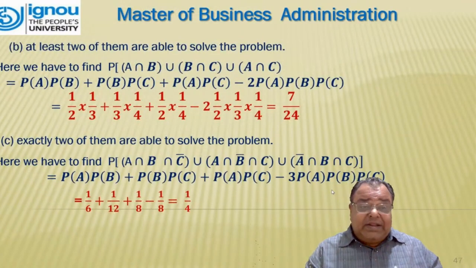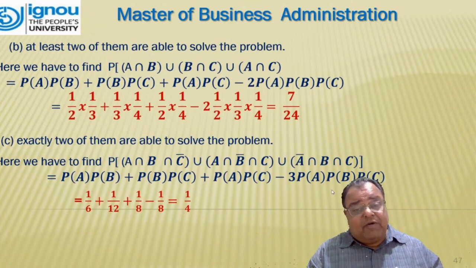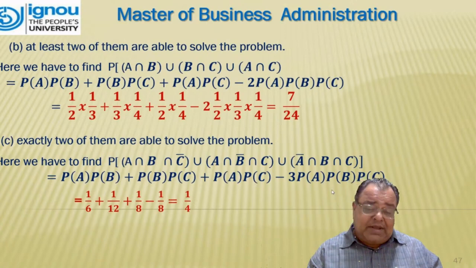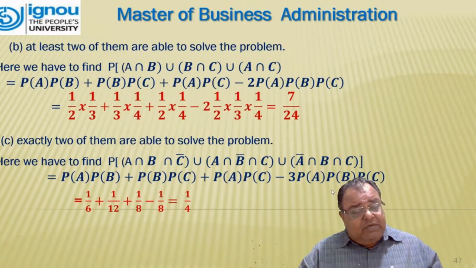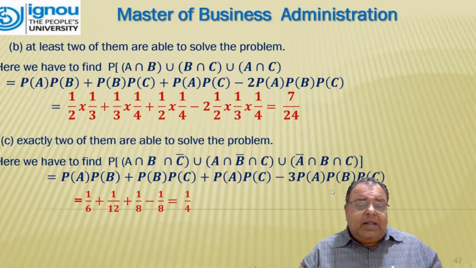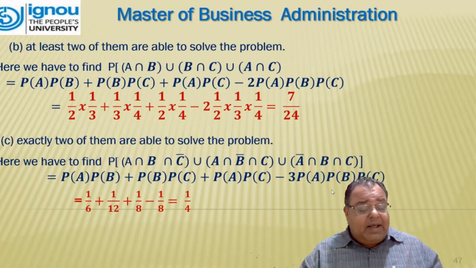Now, at least two of them are able to solve the problem. In this case, we have to apply the union method as well as the intersection method for the different conditions. We have to calculate (A intersection B) union (B intersection C) union (A intersection C). Now we apply the probability multiplication rule.